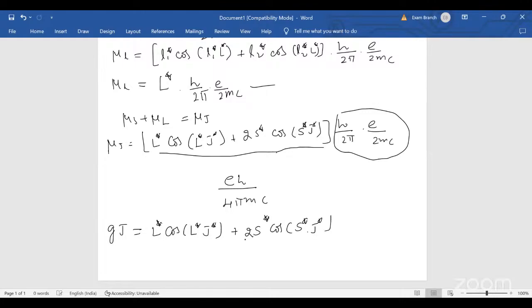So if you replace that bracket with Gj, mu J is equal to Gj into this entire value, e h by 4 pi mc. That is nothing but mu J. We have got it as GJ times e h by 4 pi mc.